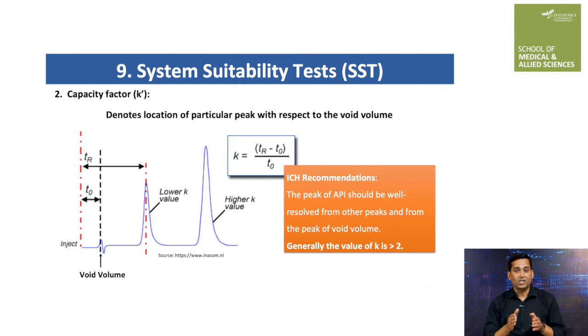When solvent is injected into HPLC, it will elute at the unretained peak position. So, this is the void volume. The formula of capacity factor is shown on the slide. As per ICH guidelines, the peak of APIs should be well resolved from other peaks and the peak of void volume. Generally, the value of K must be greater than 2.